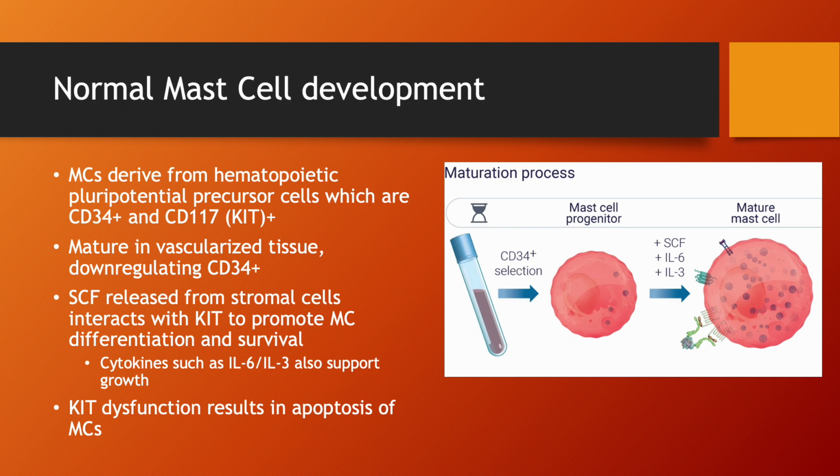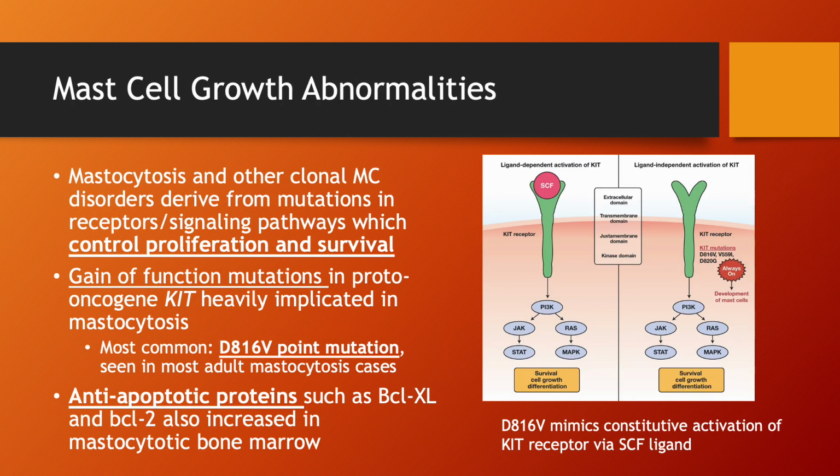This is a refresher just to set the stage for how this growth can get out of control. So let's talk about that. We could say broadly that mastocytosis, which is a clonal mast cell disorder, and many of these other related clonal mast cell disorders, many of which are related to various cancers and neoplasms, all come from mutations or dysregulations in signaling pathways that control proliferation.